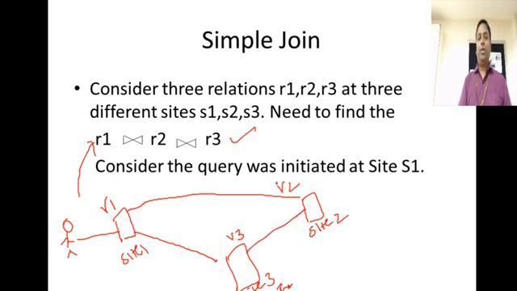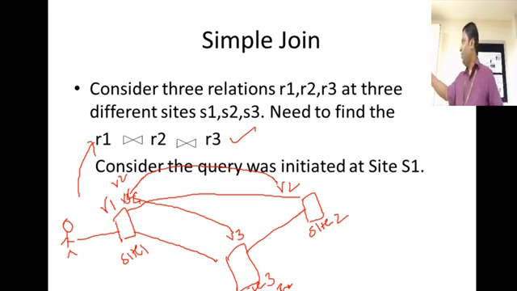So what you can do is ship the entire R2 and R3 to site 1. You make a shipment of all this data, sending it through the network so that you have the data locally in site 1, then you perform a join. That is one simple join strategy. That join can be a nested loop join, hash join, or sort merge join. In the local site, anything can happen.